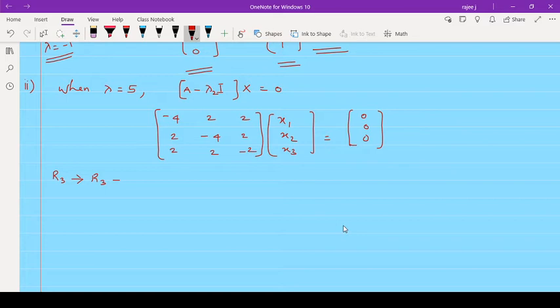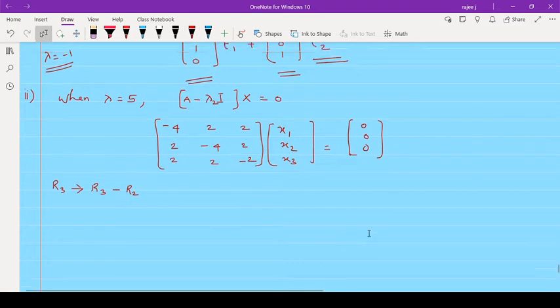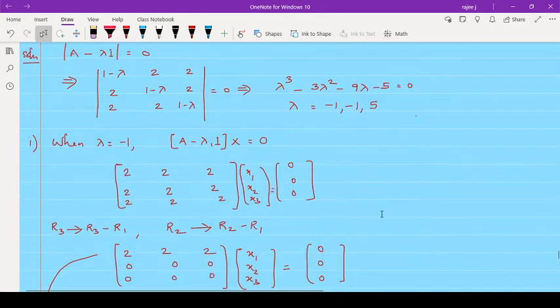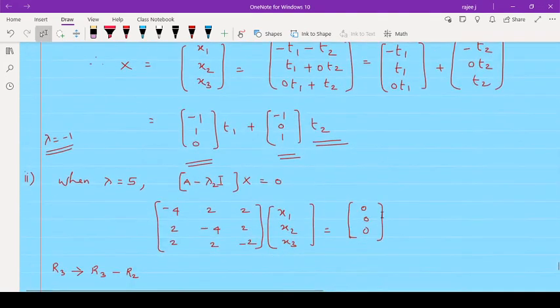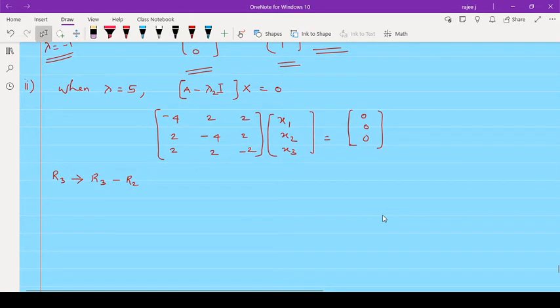Okay, and so let's try R3 minus R2, or we can write a 3 by 3 minus 4, where it is, just a second. Okay, the matrix is 1 minus 5, yeah right, 1 minus 5 is minus 4 here.